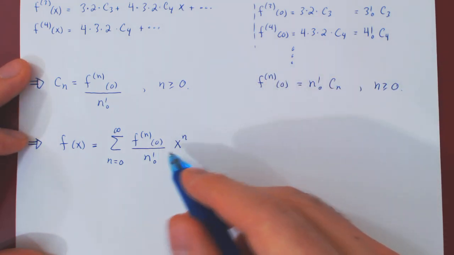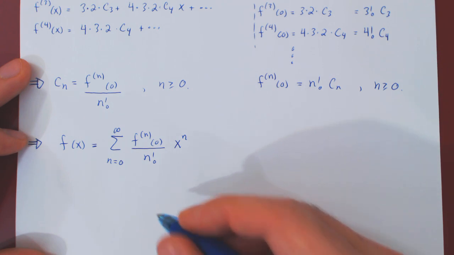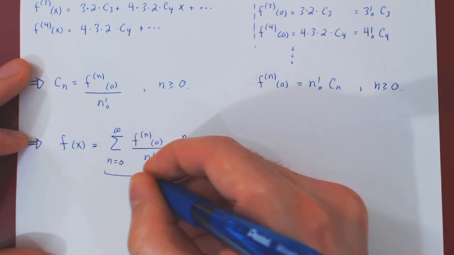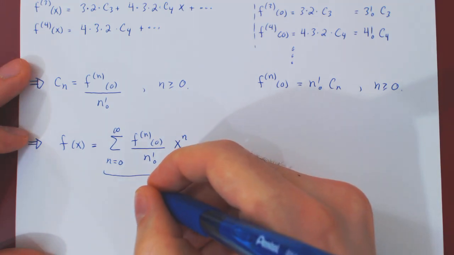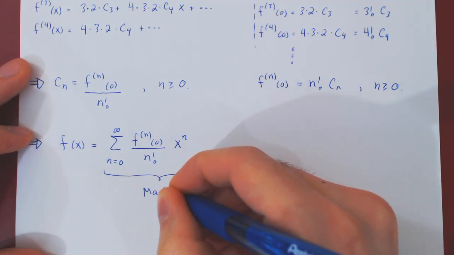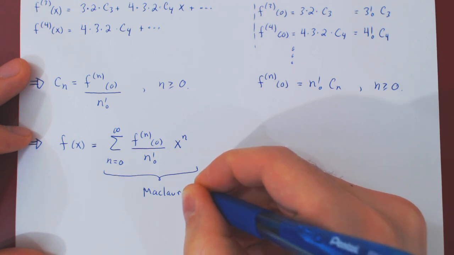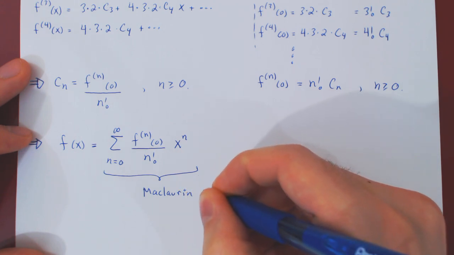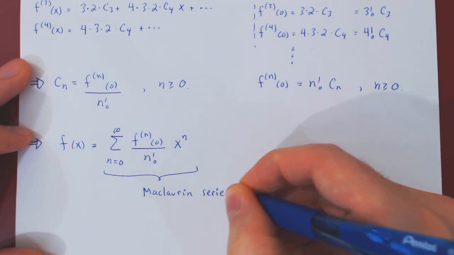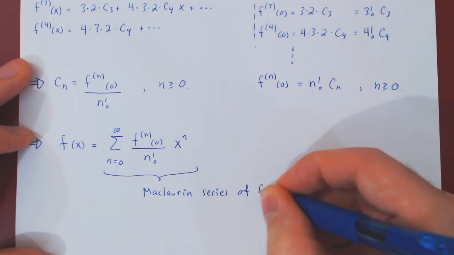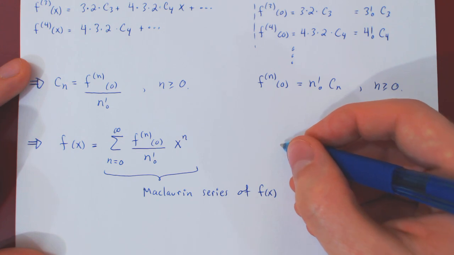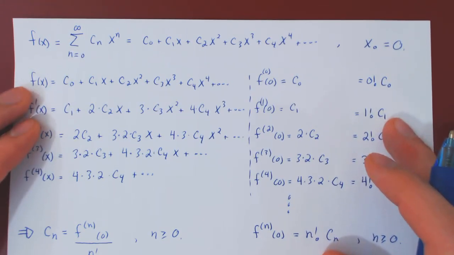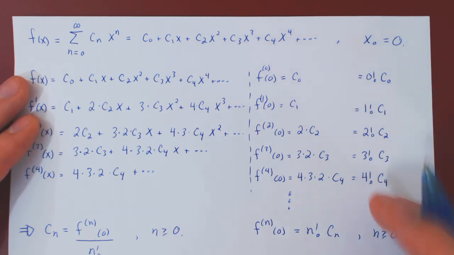And we give this formula a very special name. We call this the Maclaurin series of f of x. And this was, of course, when the center was picked to be 0.